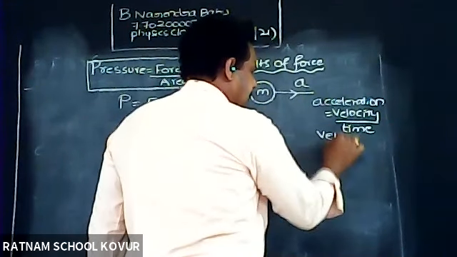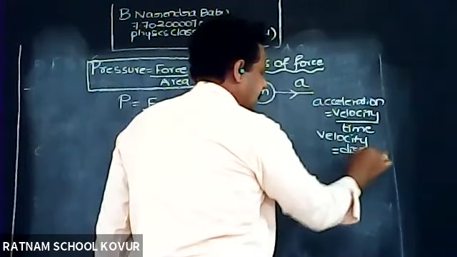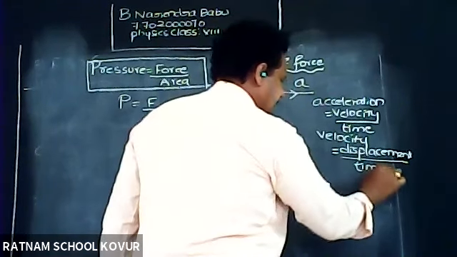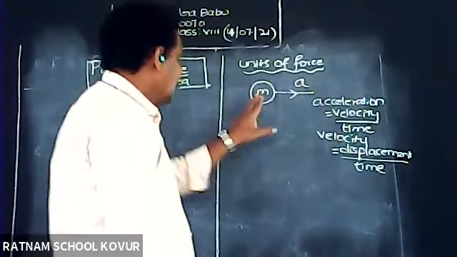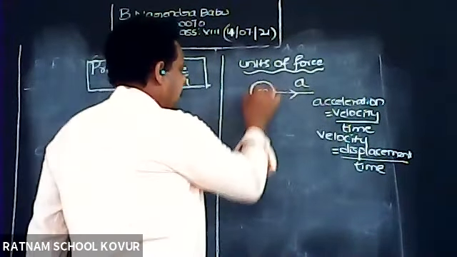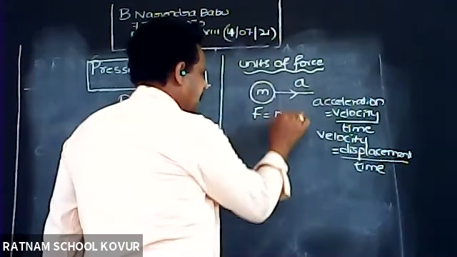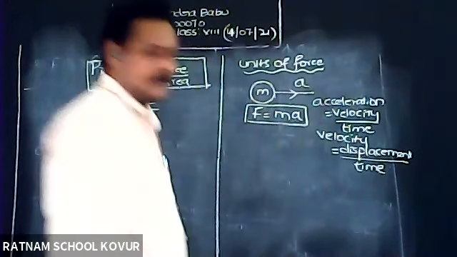And velocity is equal to displacement by time. Here, when an object of mass m is moving with acceleration, then the force is given by the formula F is equal to ma, mass into acceleration.